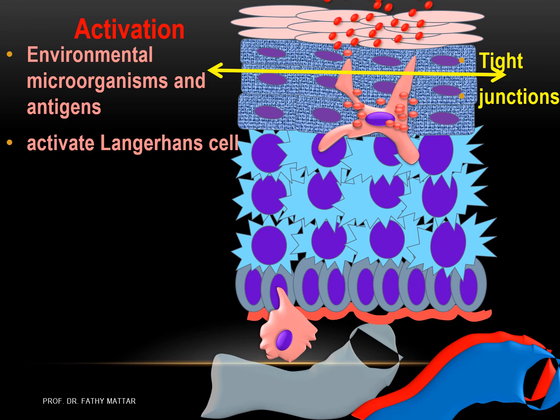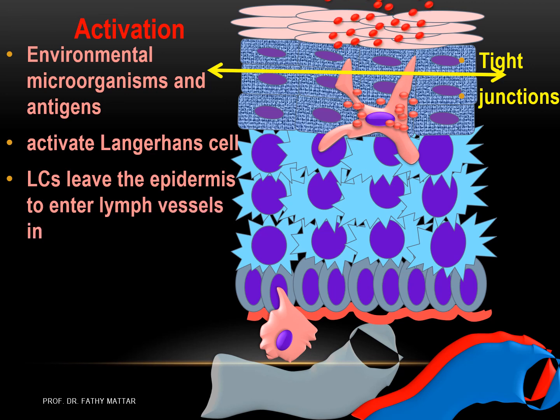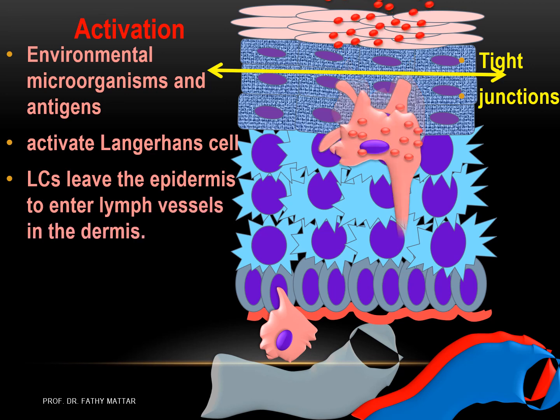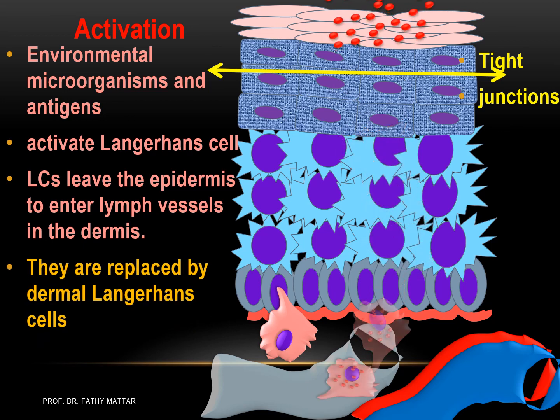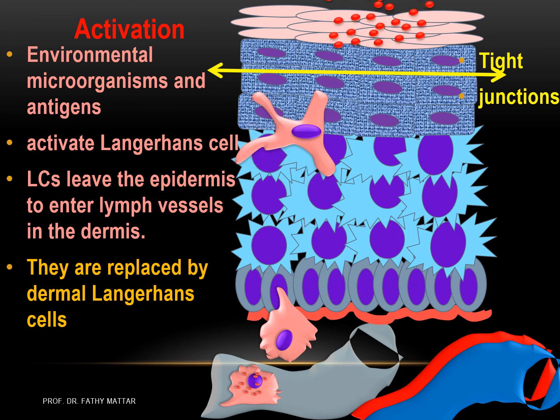This activates the Langerhans cell, and as it is activated, it will move down to the dermis, where it will get into the lymph vessel towards the lymph node. They are replaced by dermal Langerhans cells from the dermis.